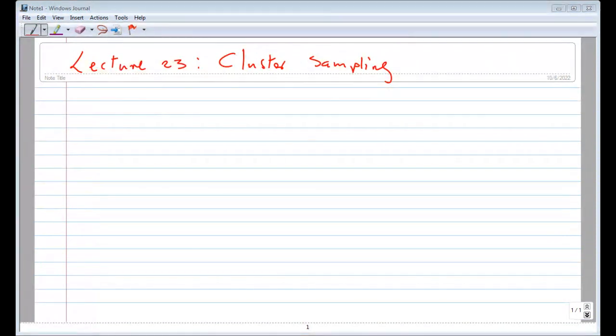So today, we are going to continue with cluster random sampling. In this case, we're going to show you how to select the sample size for the estimation of population means and population total.